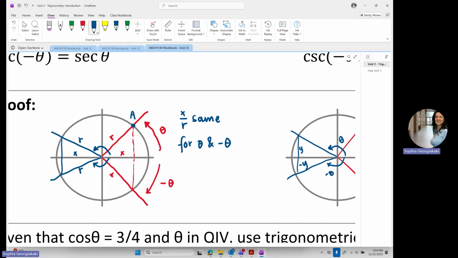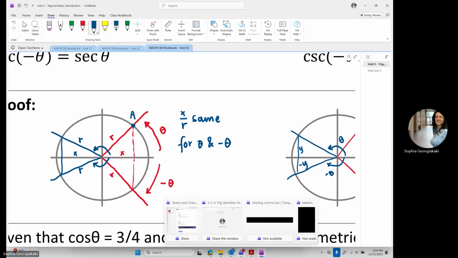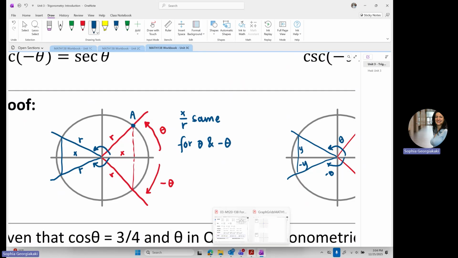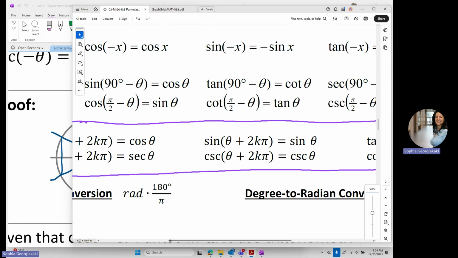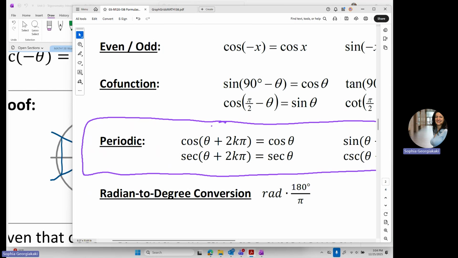So this results in a concept that we discussed in a previous video that said that if you are at a particular location theta and you add k times 2 pi, which means k full rotations of 360 degrees, you will end up in the same location on the circle.